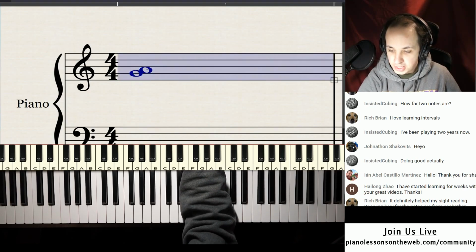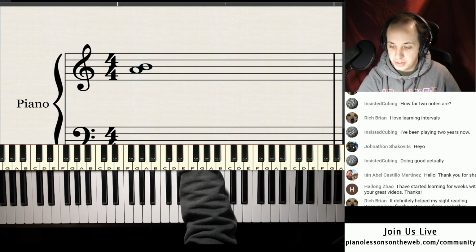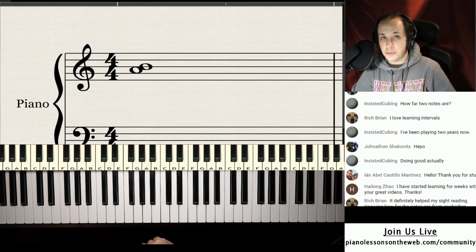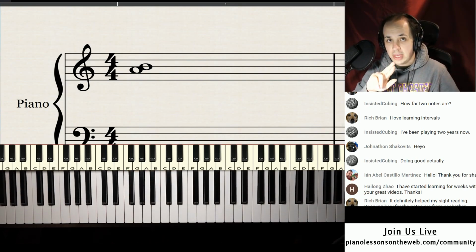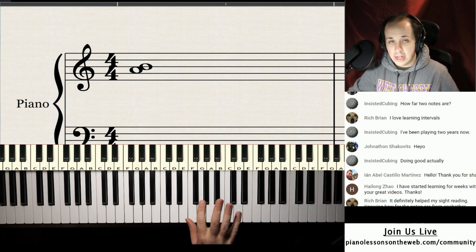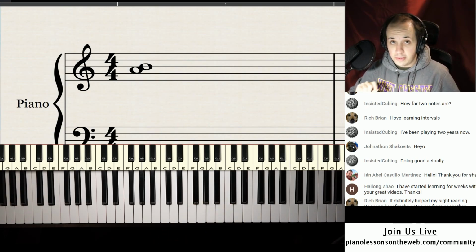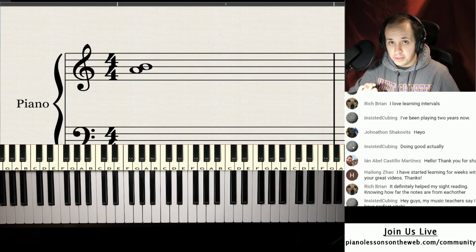But if the bottom note is a space, the top note has to be a line. So like I said, they are flipped. In seconds, fourths, sixths, and octaves, they don't match. Whatever the beginning one is, if it's a line, the other one's going to be a space, and if the first one's a space, the second one's going to be a line.